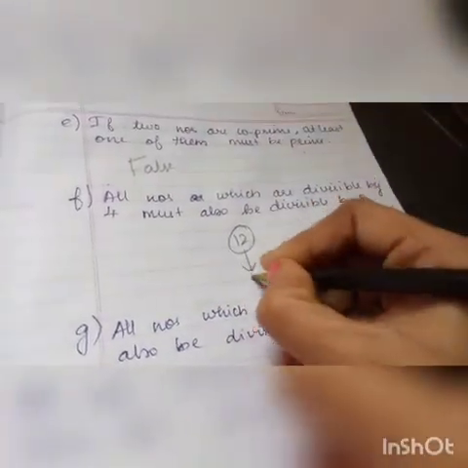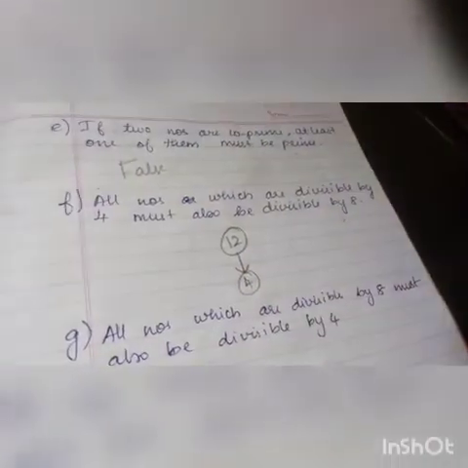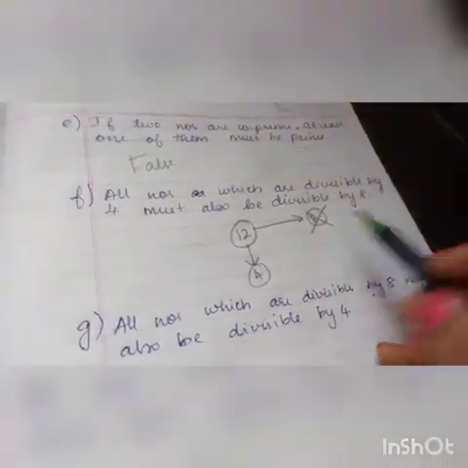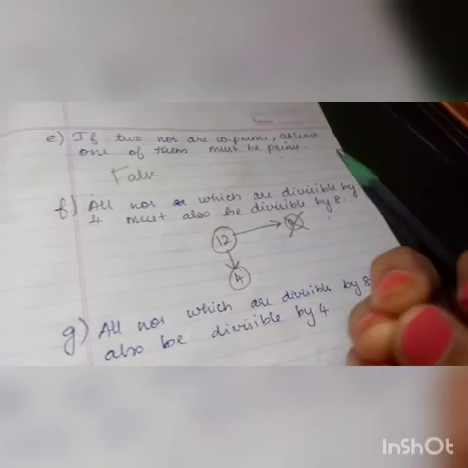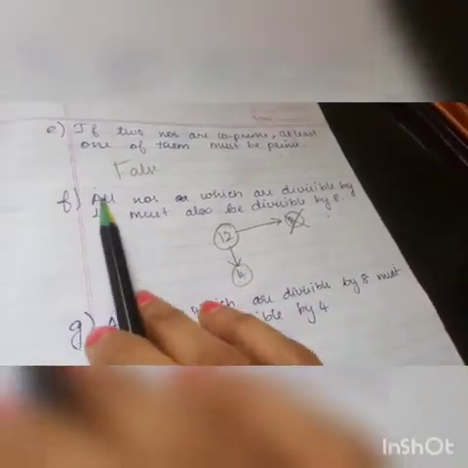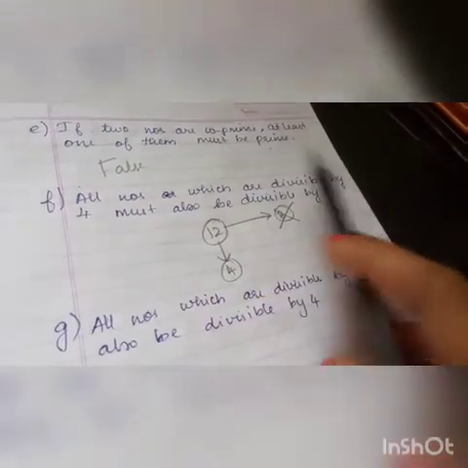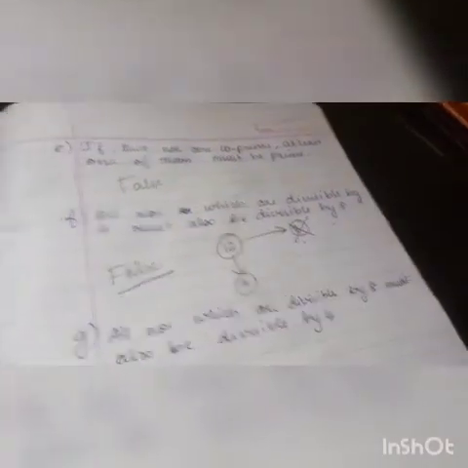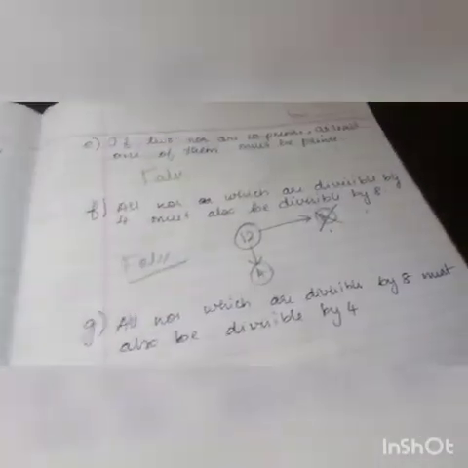This is divisible by 4, right? Is it divisible by 8? No. So all numbers is not possible, only a few numbers can be possible. But the question says all numbers which are divisible by 4, so it is false actually. Understood? Like this you should understand the question and answer.